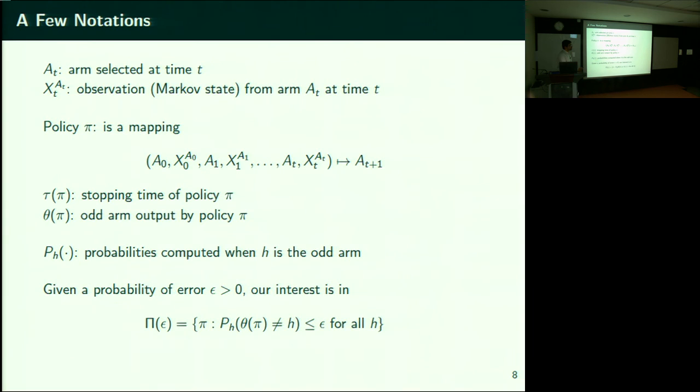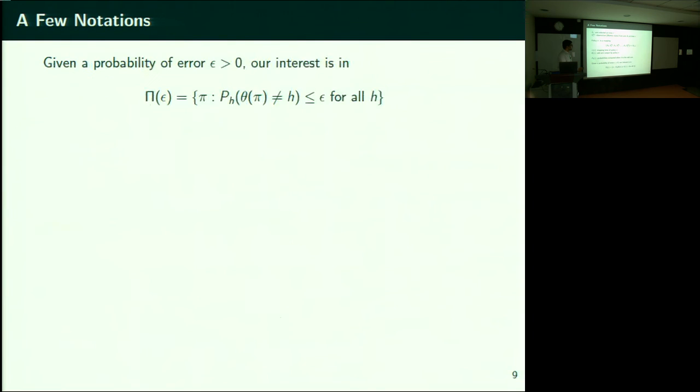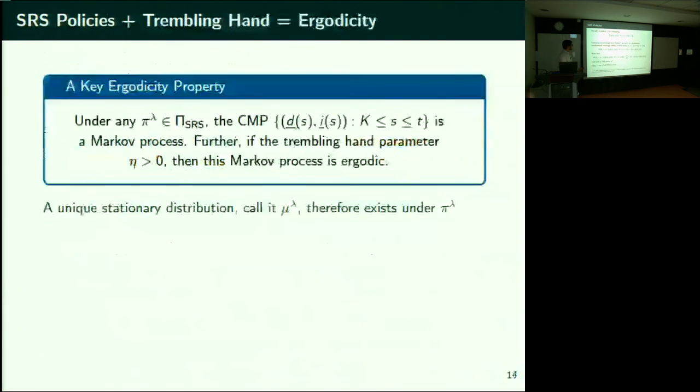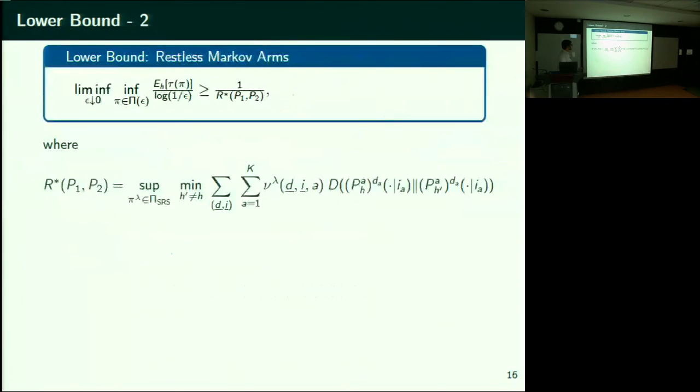So here pi epsilon is any policy, and your lower bound is valid for any policy. In fact, that's the content of the lower bound theorem: the policy on the left is arbitrary, but on the right you come up with an optimization problem that focuses only on SRS. So a static rule suffices to get the lower bound.